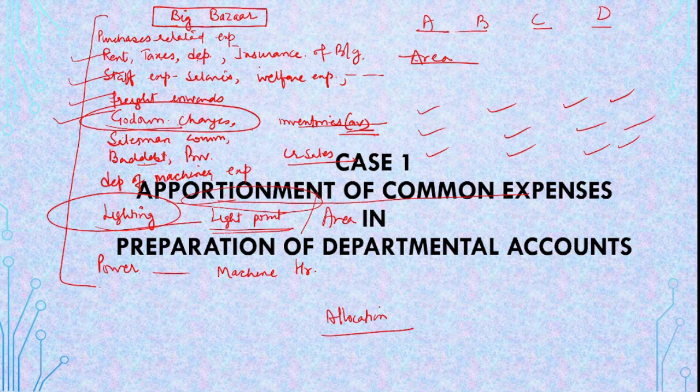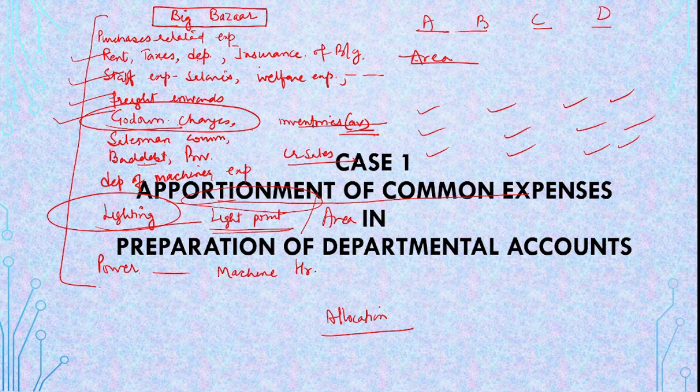If you can identify a particular expense with a particular unit, maybe you can identify that this expense is identifiable with department A, so you will allocate it to A. This is your expense, you take it. If you can identify this with C, you give it to C. But when this direct identification is not possible, then we distribute the expense.